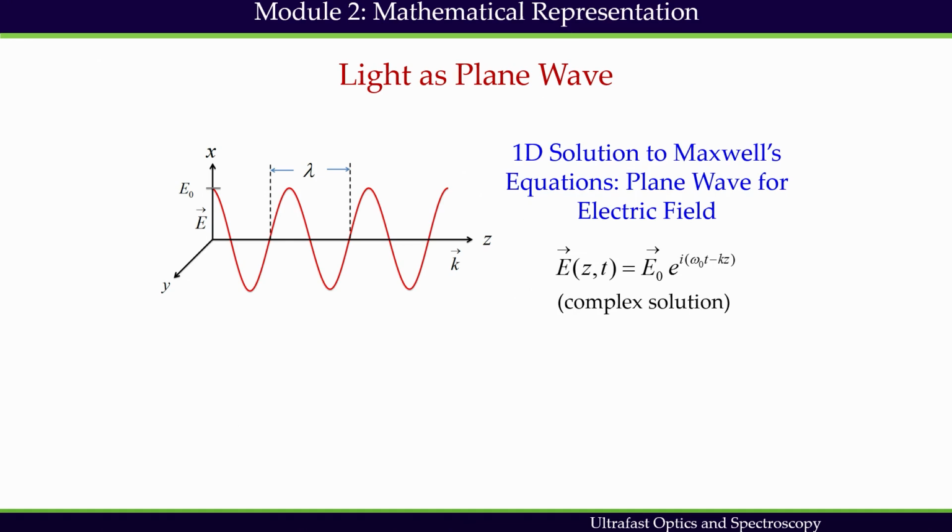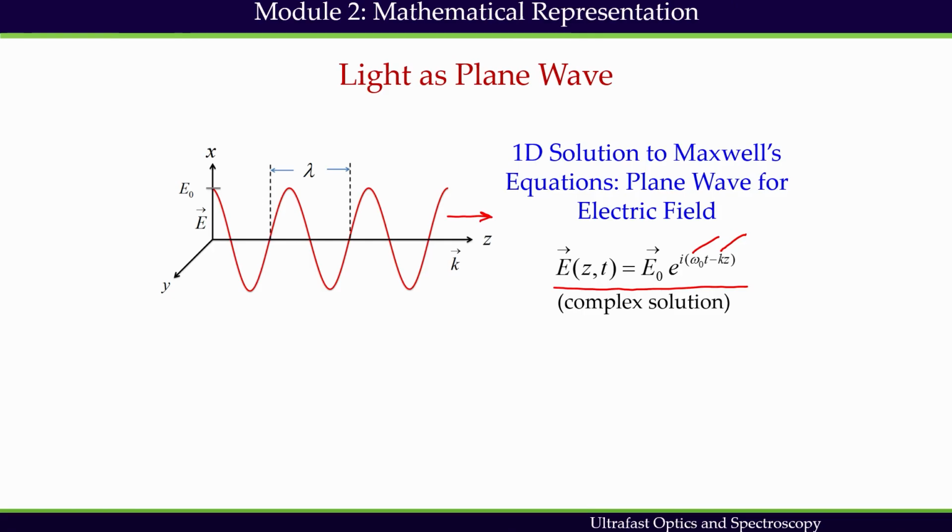We will only focus on the electric field, which is shown here. The complex representation of the electric field, E(z,t), one-dimensional and propagating along the z direction, equals E naught, which is the absolute magnitude of the electric field, omega naught is the angular frequency, and k is the magnitude of the wave vector. The wave vector represents the propagation vector of the wave, which is along the z direction.